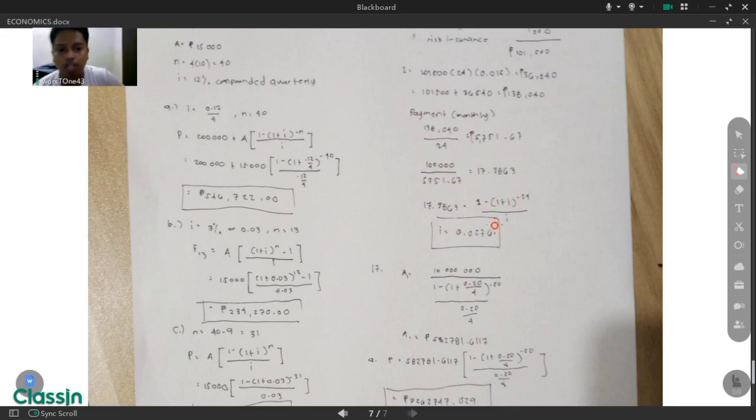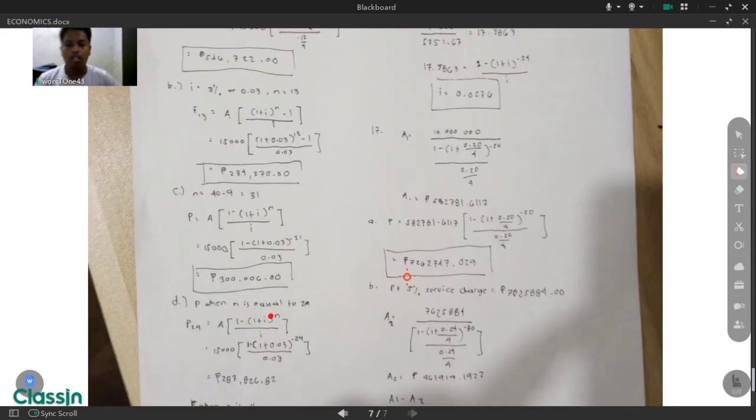We just get the number of payments, dividing that monthly payment from the original requested amount, which is 100,000. Hence we have the number of payments equal to 1 minus 1 plus i to the power of negative 24 over i. So we have i, our interest rate, equal to 0.0276. So that would be our interest rate, or it is equal to 2.76%.